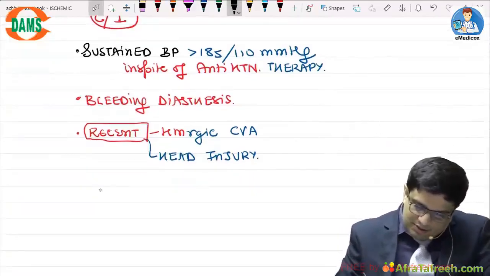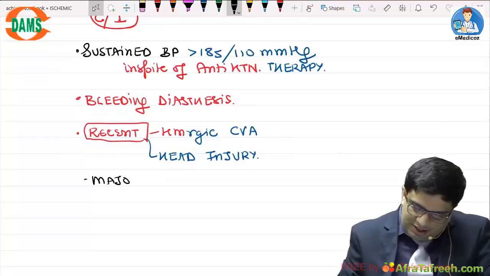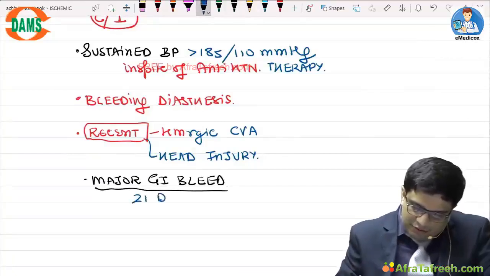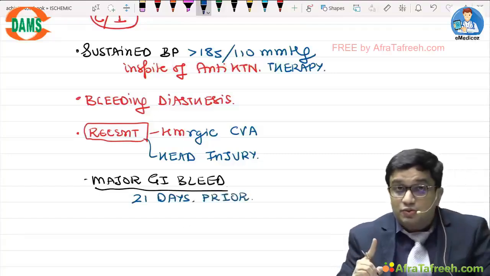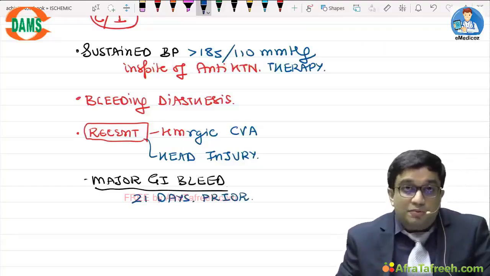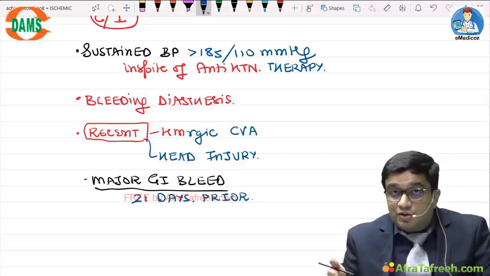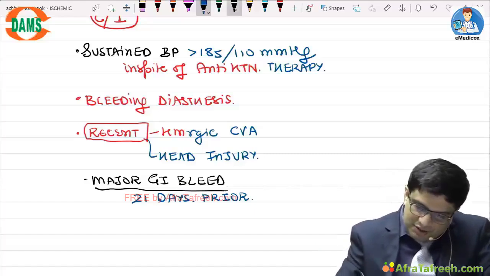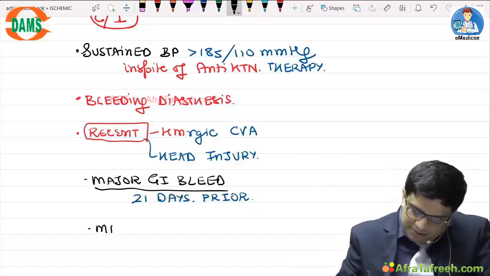Another one is a major GI bleed 21 days prior. For the reason, because if at all there was a GI bleed, there has to be some ulceration. GI ulcers take 21 days or 3 weeks to heal up. And if I thrombolyze my patient before that, he's going to again bleed from the old site. Major OT has been done.